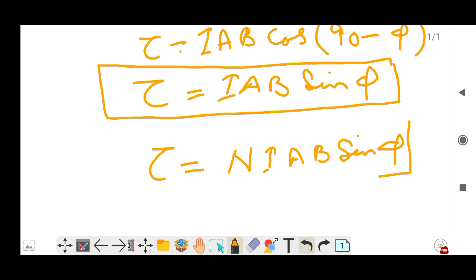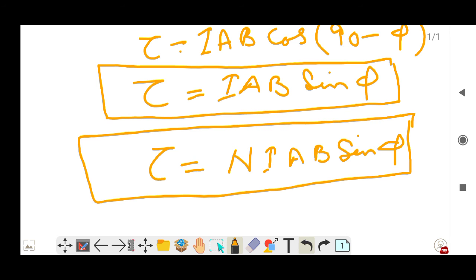So this is my torque, and we are going to use it while explaining the working of the galvanometer. For that, you'll remember this. I'll do that in the next video.